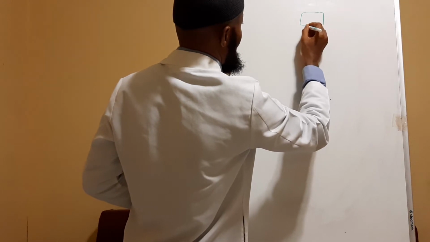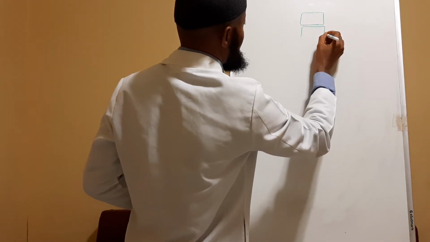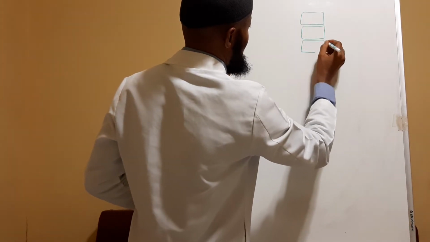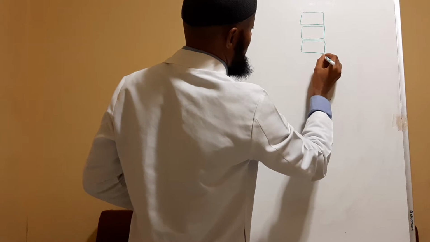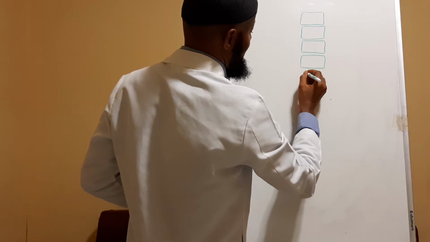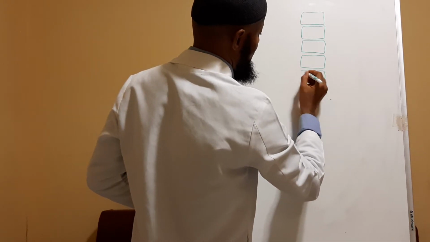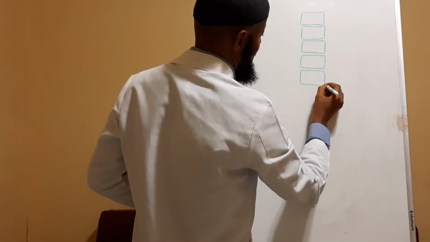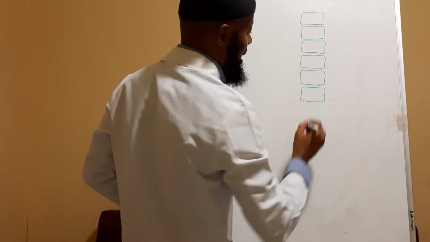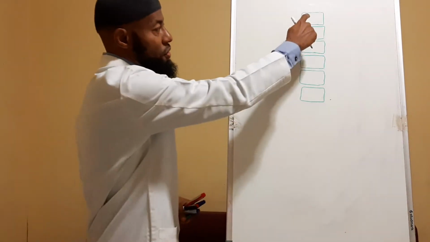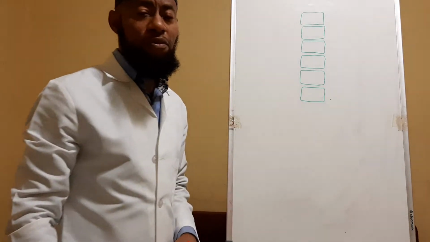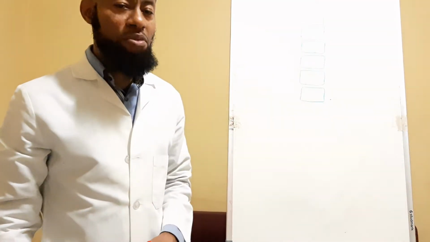That's your T12, that's your L1, your L2 vertebrae, L3 vertebrae, that's L4, and that's your L5. So that's your thoracic vertebra and the lumbar vertebrae, all the way from 1 to 5.